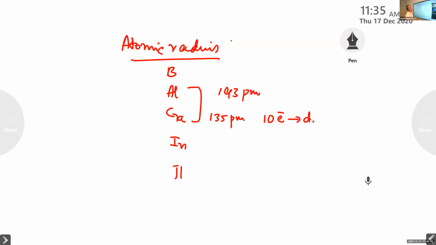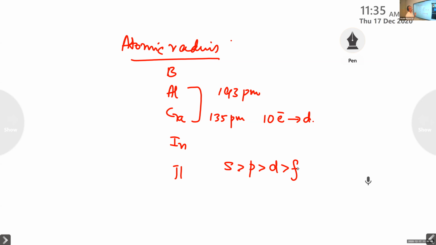We have studied that the screening effect is in the order s greater than p, greater than d, greater than f. So s is having the highest screening or shielding effect. Here we have the inner d electrons in gallium. The atomic number increases, but the inner d electrons have very poor shielding effect.